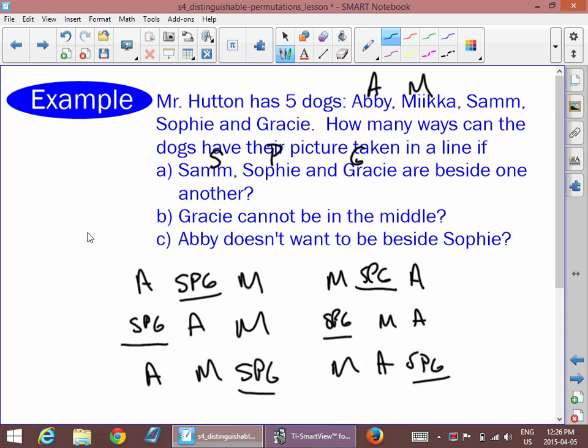So what we can see here is that there are exactly 6 possibilities of arranging Abby, Mika, and the 3 dogs. However, what we did not consider at all is the number of ways of organizing Sophie, Sam, and Gracie.